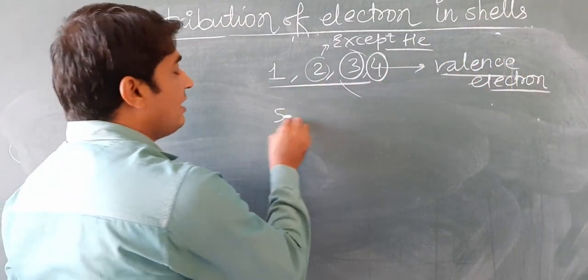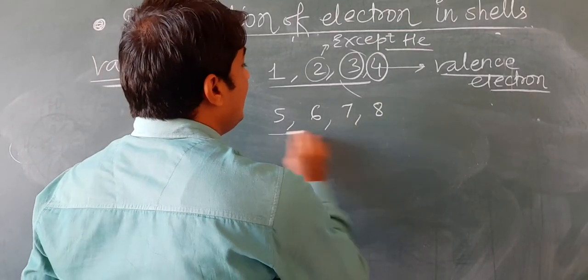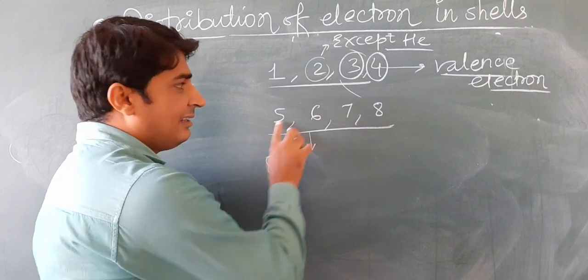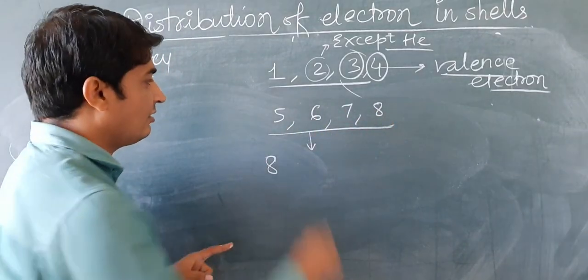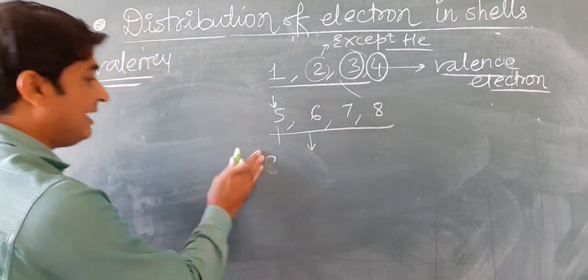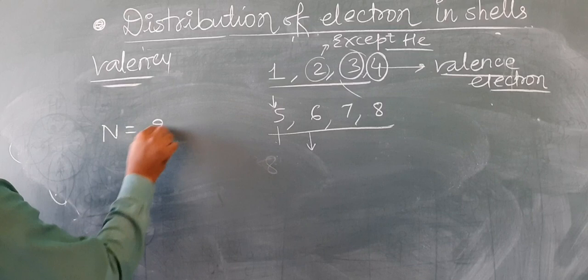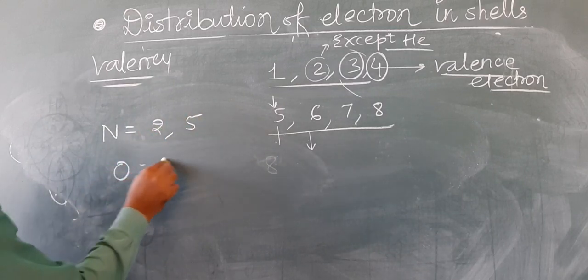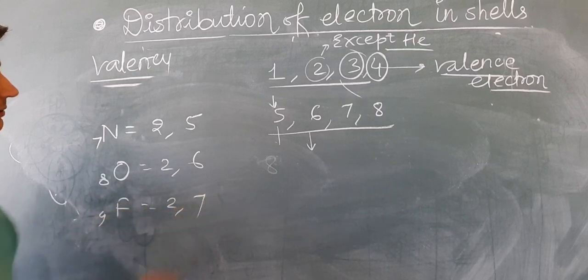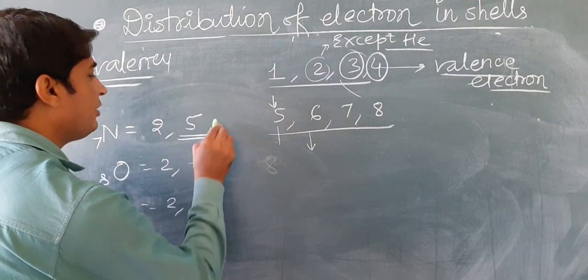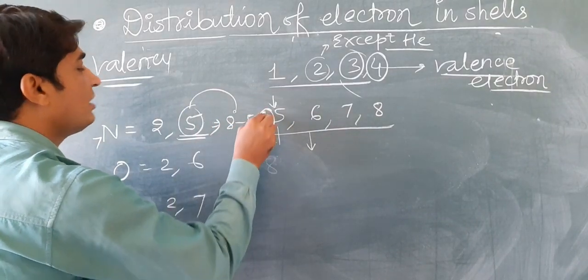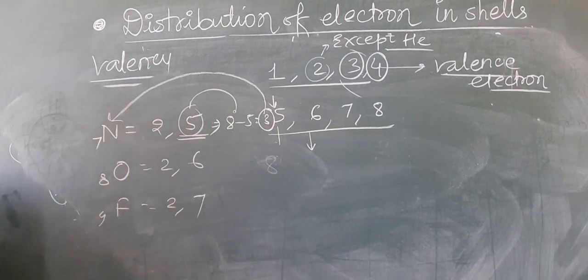If it is 5, 6, 7 or 8 in the outermost shell, then the valency is calculated by subtracting these electrons from 8. For example, nitrogen 2,5, oxygen 2,6, fluorine 2,7. What would be the valency of nitrogen? 8 minus 5, so 3 is the valency of nitrogen.